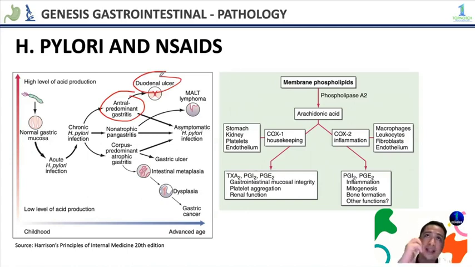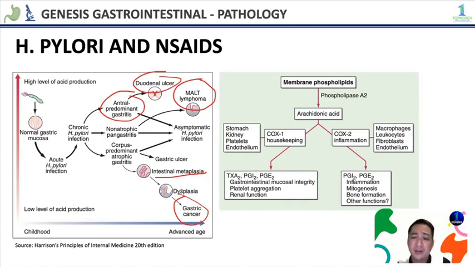Of course, do not forget that because of hyperimmune response, there is possibility of MALT, mucosa-associated lymphoid lymphoma, secondary to H. pylori infection. So do not forget also that in some cases, corpus predominant atrophic gastritis can lead to intestinal metaplasia. If you can recall, your Barrett esophagus in the distal third of the esophagus, gastric ulcer. In some spectrum of disease, we have your gastric carcinoma.